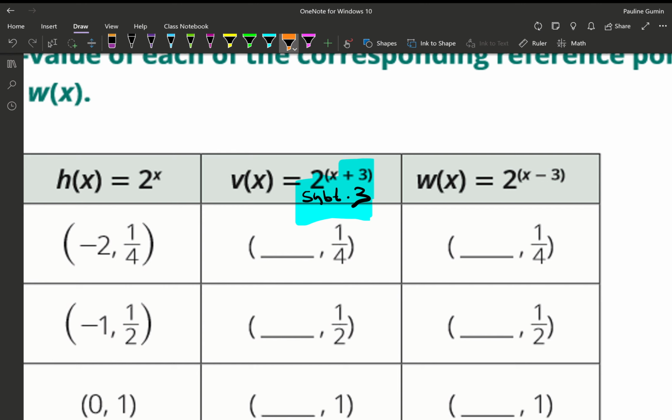And this minus 1, even though it says minus, we're actually moving to the right. So we add 3. Very weird. I know it is. It always is. And it is like this for every single function you ever run into. If we're moving to the right, you're subtracting in the function itself, but to the points you're adding. And if there's a plus 3 in the function, you're actually subtracting 3.